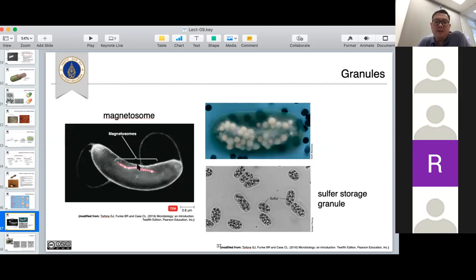These bacteria need iron for growth and they live in iron-poor environments, so they generate iron inside the bacteria to trap the other heavy iron.